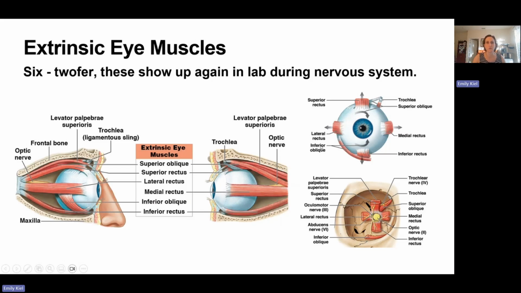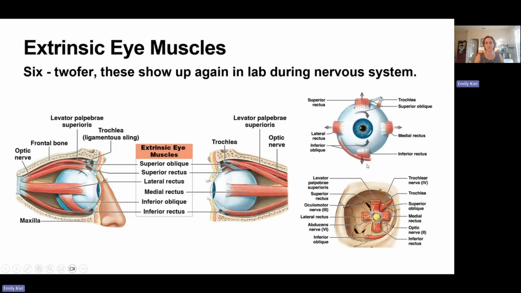Rectus, you can think of like ruler. It means straight. And so it's pulling it straight in that direction. You've got your superior rectus that's going to let you look up so you can roll your eyes. And then you've got your inferior rectus so that you can look down. There are two other muscles, and these are the oblique muscles, and they are responsible for the rotation of the eye.